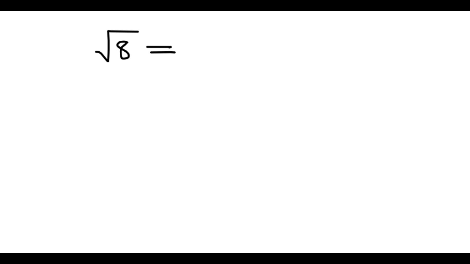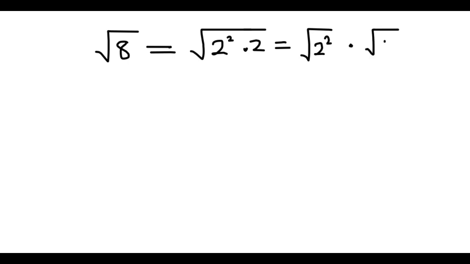The square root of 8 equals the square root of 2 power 2 multiplied by 2, which can be written as the square root of 2 multiplied by 2, multiplied by the square root of 2.